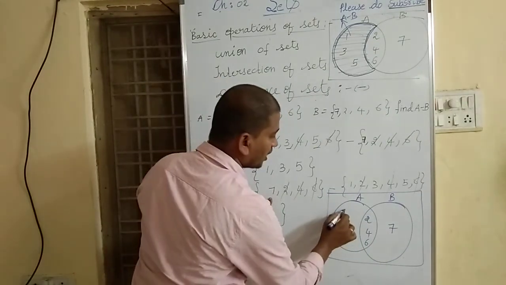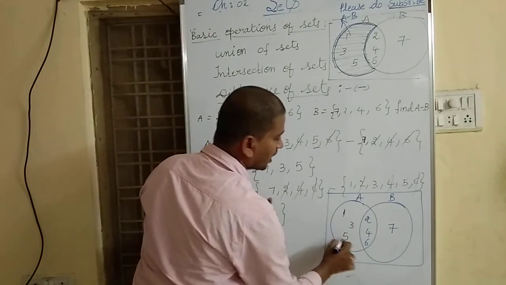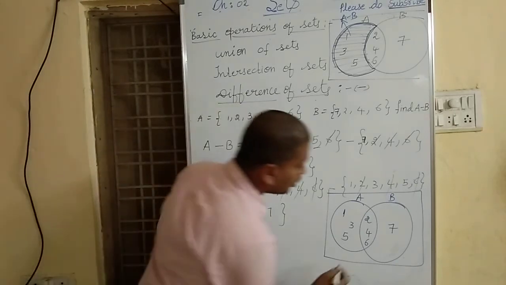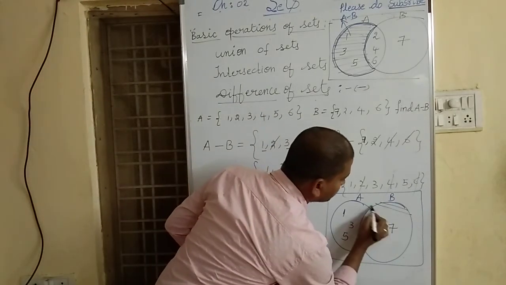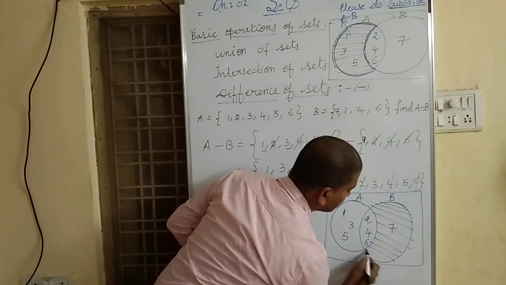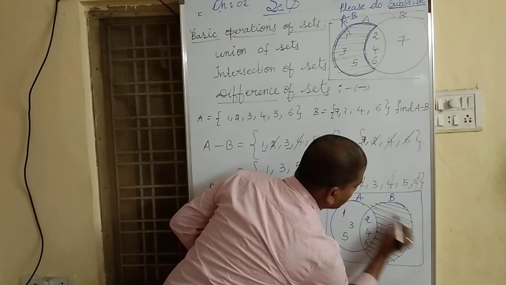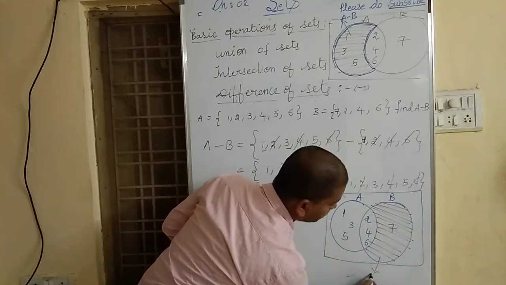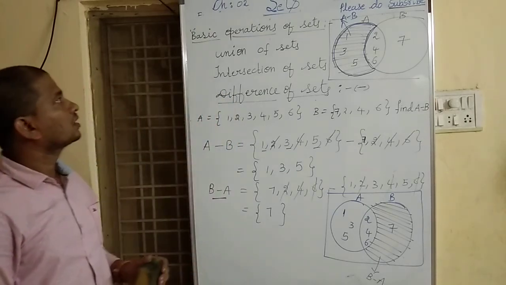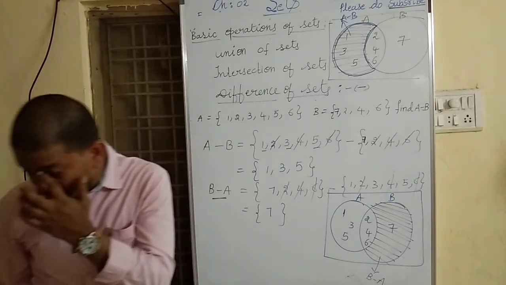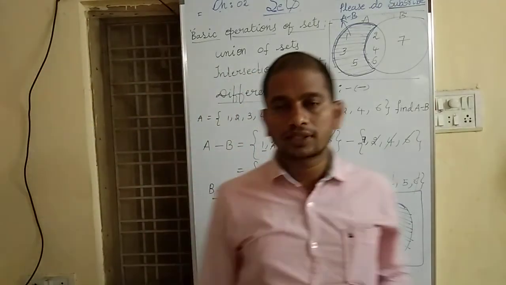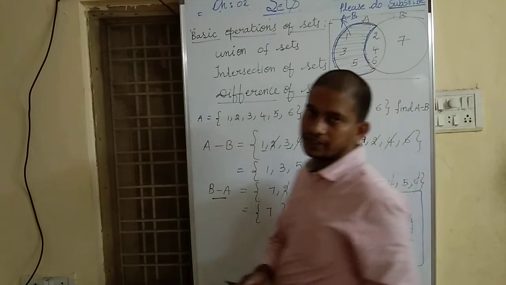What are the elements in A? 1, 3, 5. What is B minus A? B minus A means only this part. This is our B minus A. Okay? This is about the basic operations of sets: union of sets, intersection of sets and difference of sets.